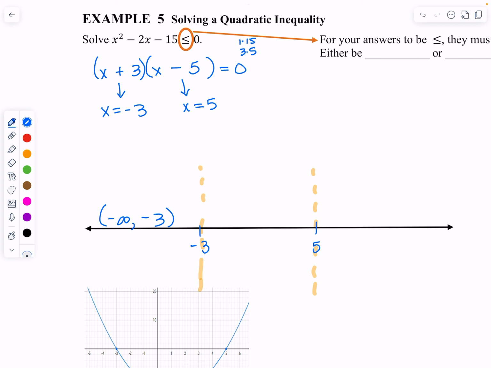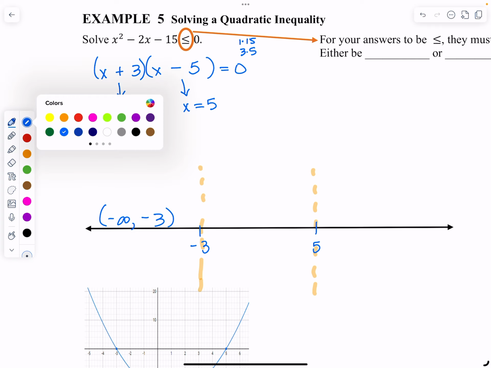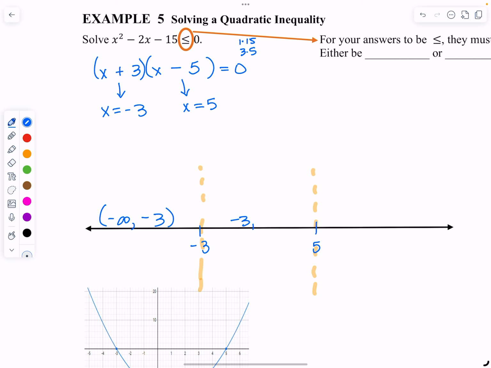The answer may or may not have parentheses, but we're going to put parentheses. Then if I shade it in here, notice this would be an in-between graph. So that's going to be from -3 to 5. I'm going to put parentheses around those.